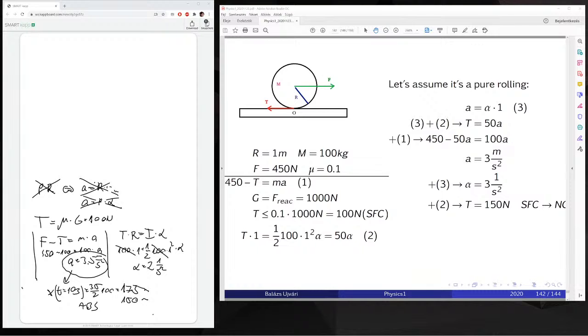Yes. So why do we have such electronics for the cars? Because ABS tries to keep the condition for pure rolling, because that was true for acceleration, but that's only true for deceleration.